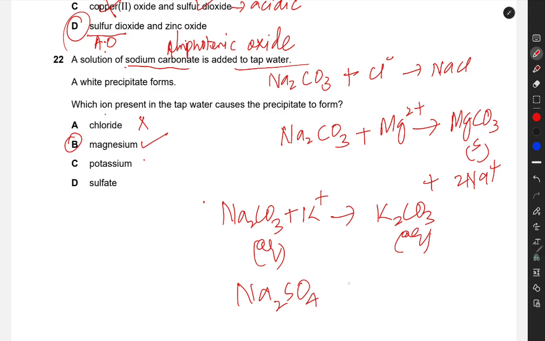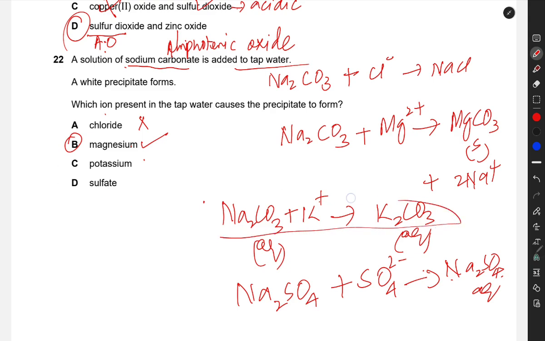Similarly Na2SO4 plus sulfate. The same solution is there. Na2SO4 aqueous and potassium ion, also the same aqueous solution.